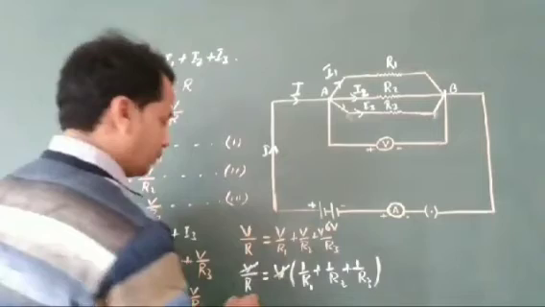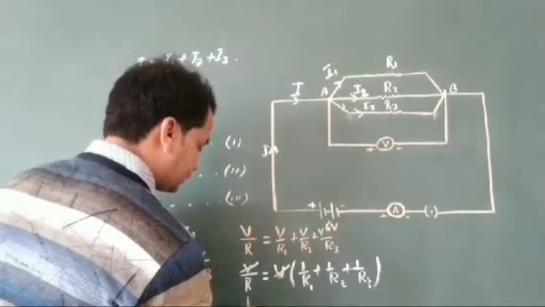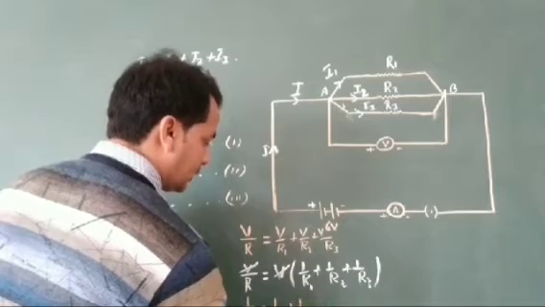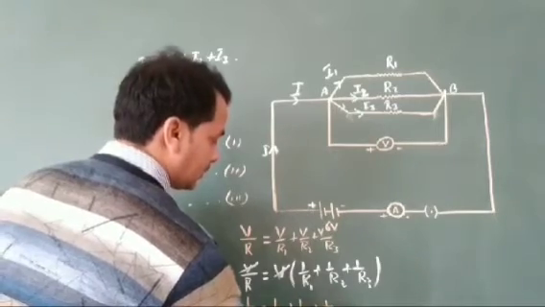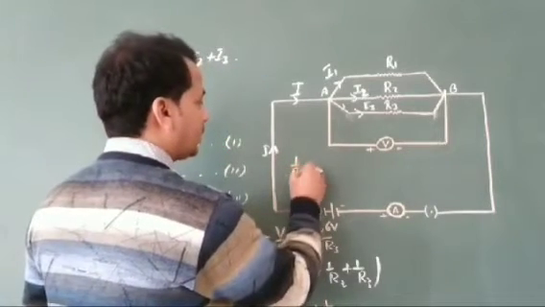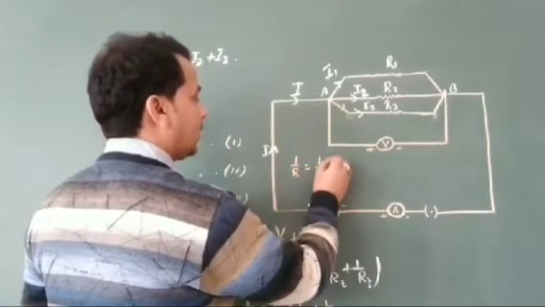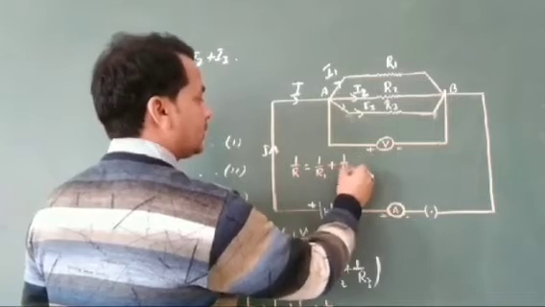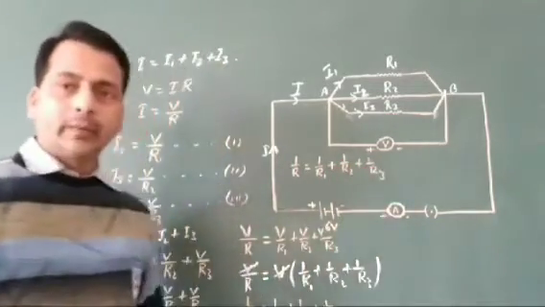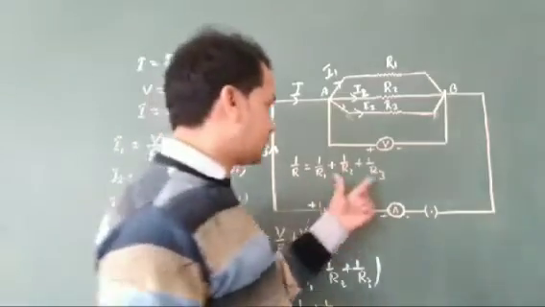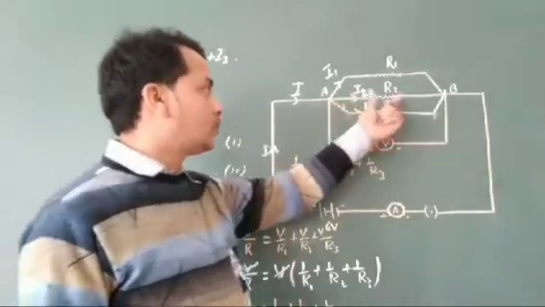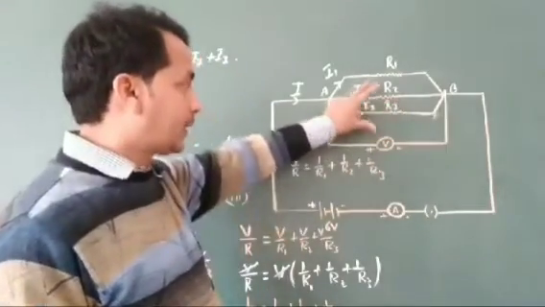Then 1 by R equals 1 by R1 plus 1 by R2 plus 1 by R3. So here is the equivalent resistance or net resistance. The combination of R1, R2 and R3 is a parallel combination.